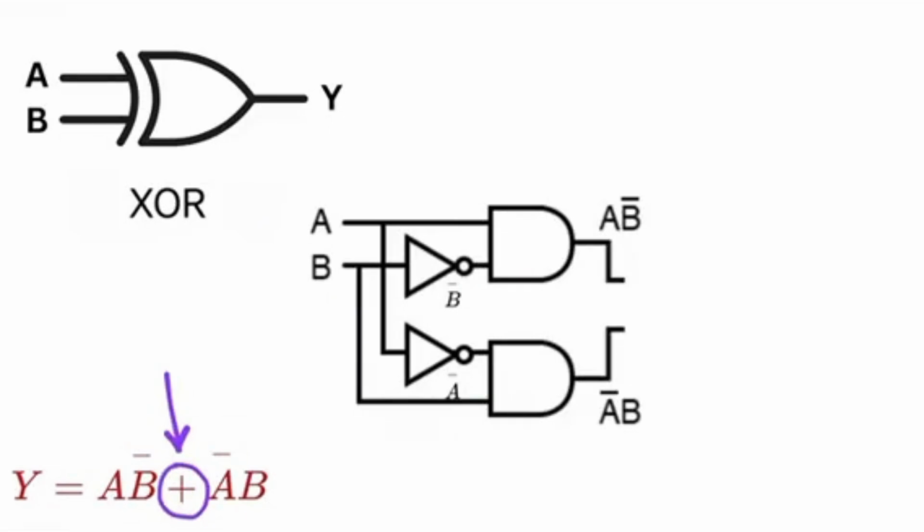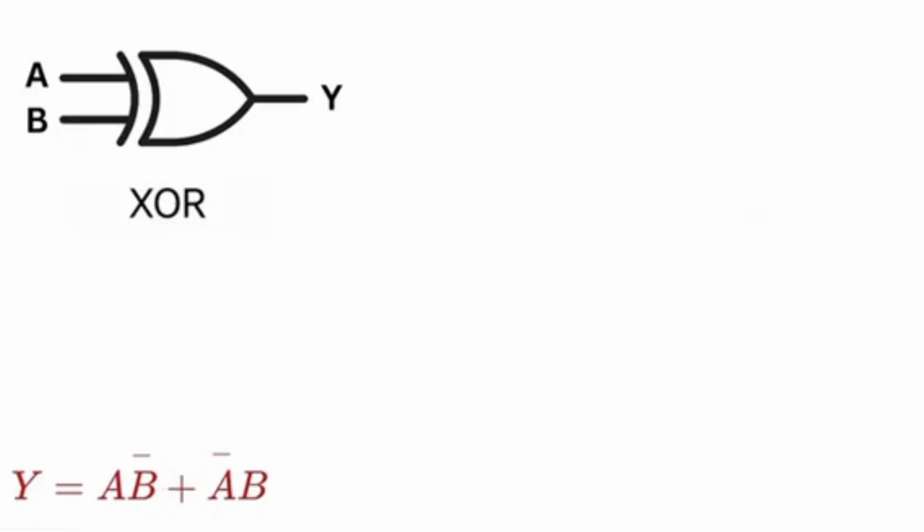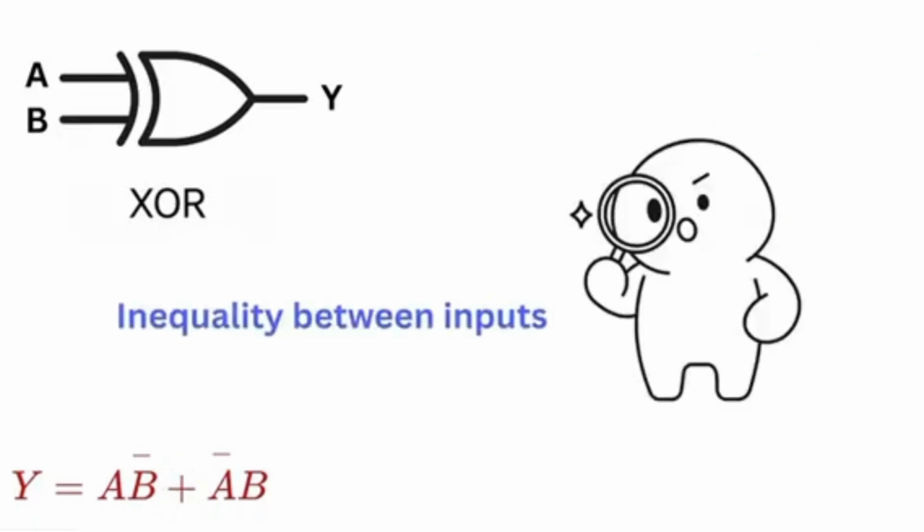So finally we connect the outputs of these two AND gates into one OR gate. The output of that OR gate becomes the final output of the XOR gate. That was super cool. Now if you want to think about what this gate does intuitively, it simply checks for inequality between inputs. If two inputs are not equal, we get 1, else 0.